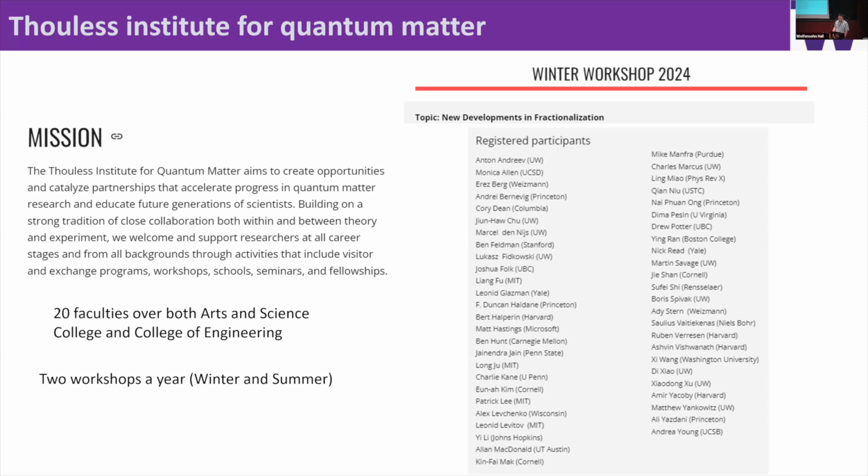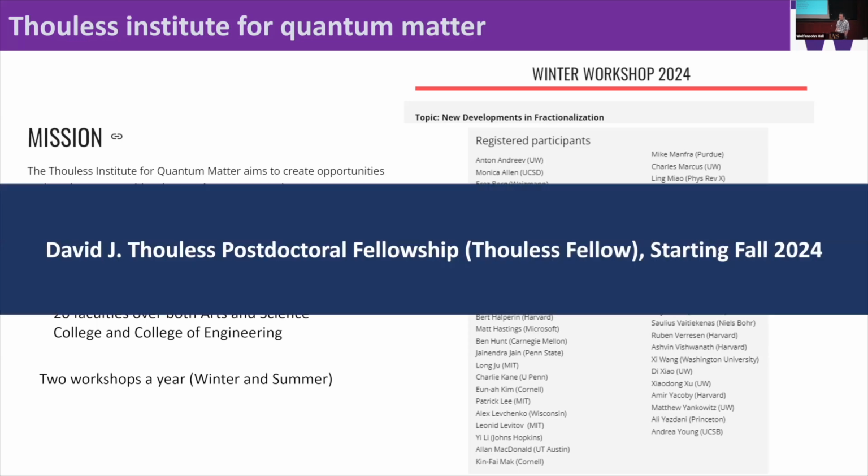For example, we host annual workshops. This is the one we just hosted this past winter, about new developments in fractionalization. You see a lot of participants, and many of them are actually from Princeton. One exciting opportunity is that by this fall we can launch a David Thouless postdoc fellowship, or Thouless Fellows. We're really excited about these opportunities to recruit the best talent from the world. So again, if you're interested, please look out for these opportunities.